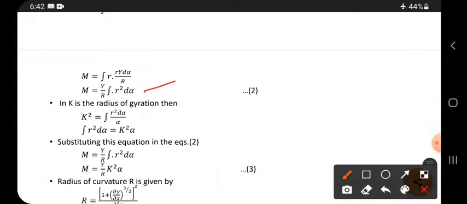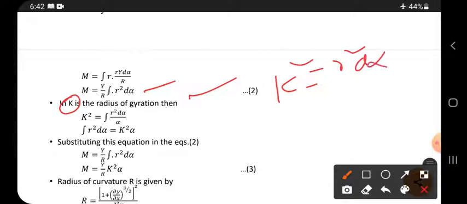So if k is the radius of gyration, then what happens, k square is equal to integration r square d alpha by alpha. Actually k square is r1 square plus r2 square d alpha by the whole alpha, so like this, alpha only by alpha we get.